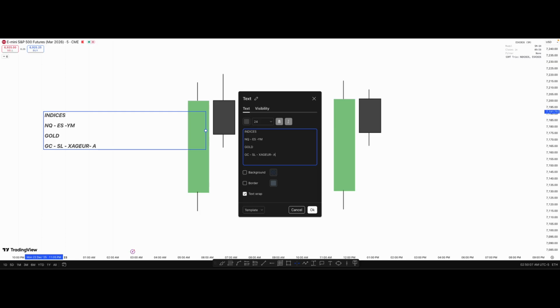You can use this, but it's fine, just use gold and silver. This one is a little bit complicated, so just forget about this. I'm just giving you information to understand.